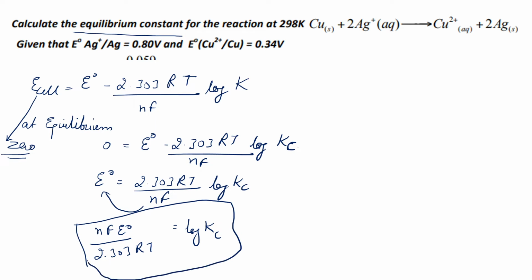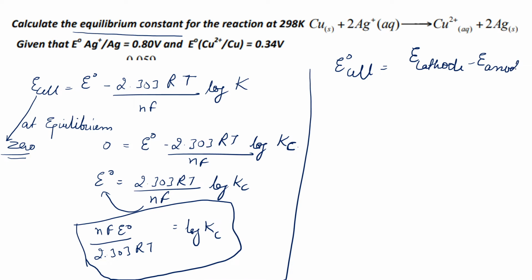So, first we need to calculate E naught cell, which is E naught cathode minus E naught anode. Which one is acting as cathode over here? The silver ions have a potential of 0.80 and the copper 2 ions have 0.34.